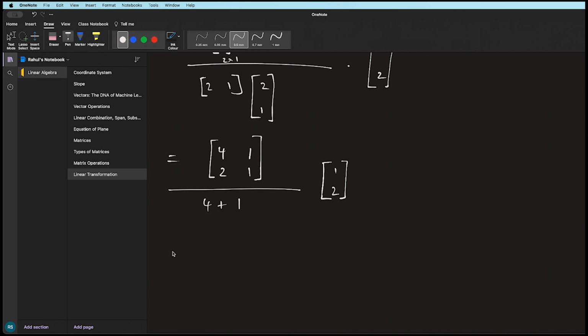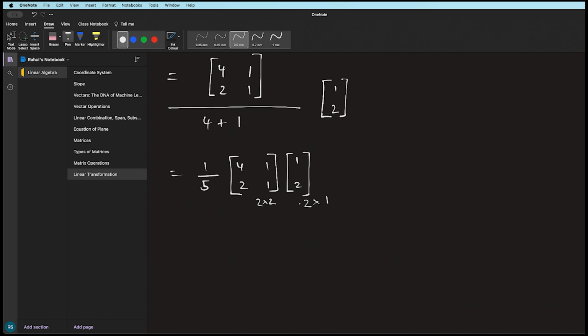So I can write this as 1 by 5 times the matrix 4, 1... 2, 1 and the vector 1, 2. In this case, this is a 2 cross 2 matrix, and this is a 2 cross 1 matrix. So the output will be a 2 cross 1 matrix.